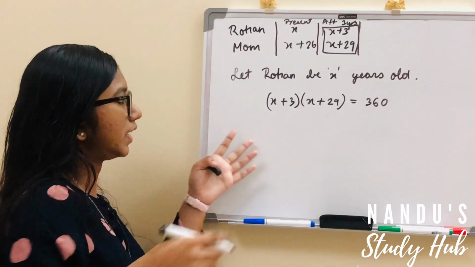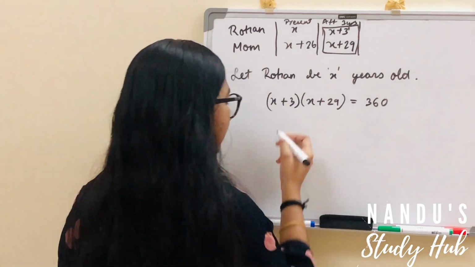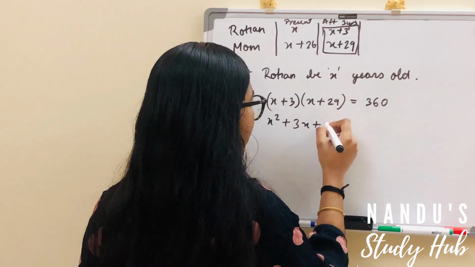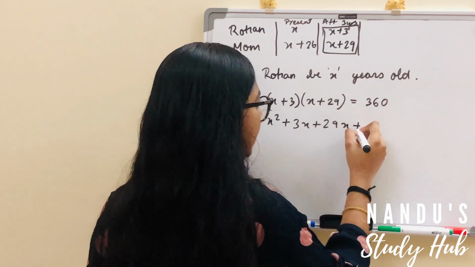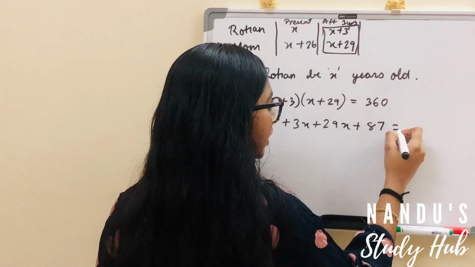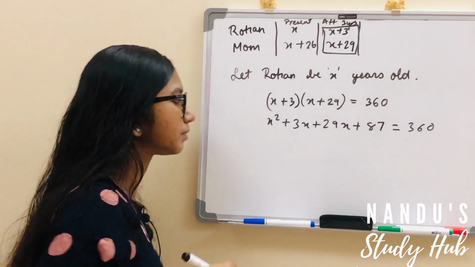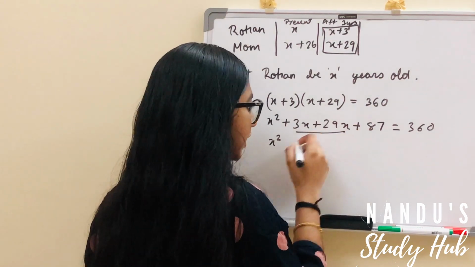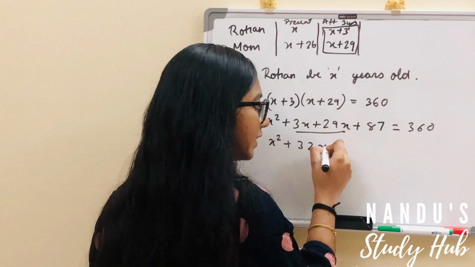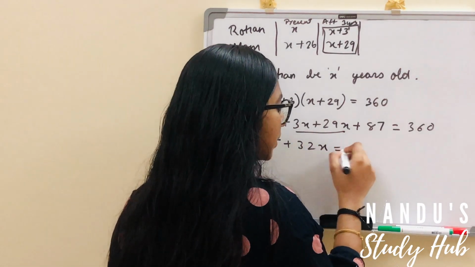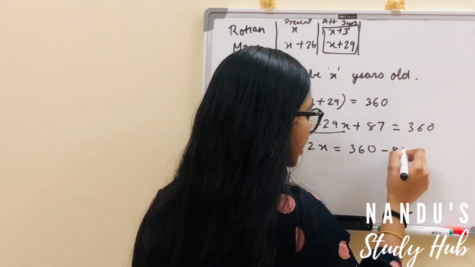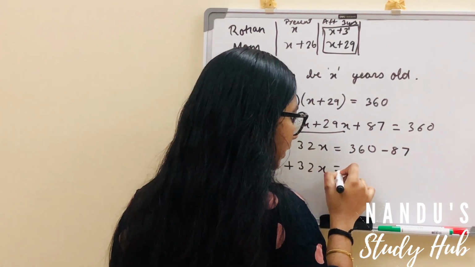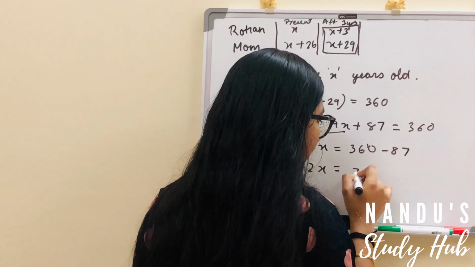Now when you multiply, you get x into x, x square plus 3x plus 29x plus 87 equals 360. So x square, 3x plus 29x gives me 32x equals 360 minus 87. Now x square plus 32x equals 273.